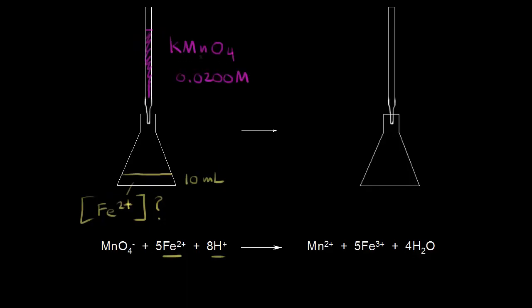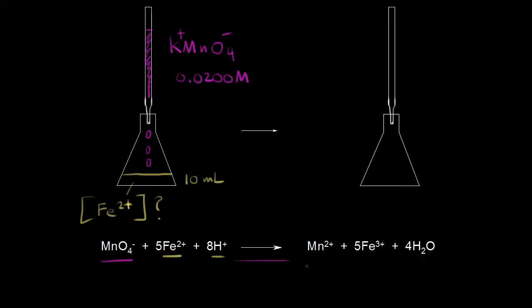And potassium permanganate is, of course, the source of permanganate anions, because this would be K plus and MnO₄ minus. So down here we have a source of permanganate anions. And we're going to drip in the potassium permanganate solution. And when we do that, we're going to get a redox reaction. Right? So here is the balanced redox reaction.